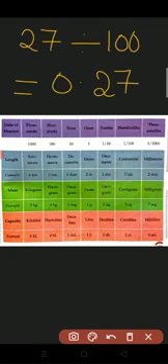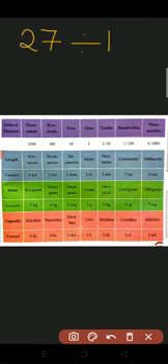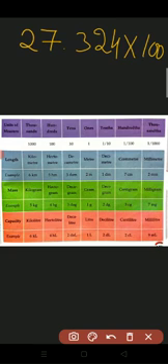And this is for the division. In the same way for multiplication also, if you multiply any number by 100, for example, I am taking 27.324 into 100. If you want to multiply any number by 100, then the point shifts 2 places to the right.